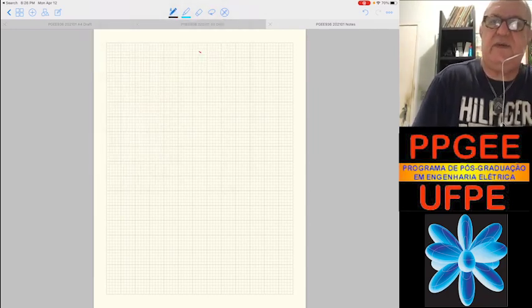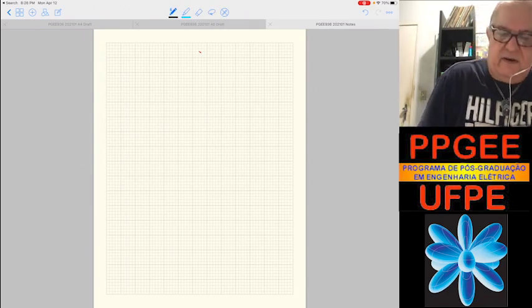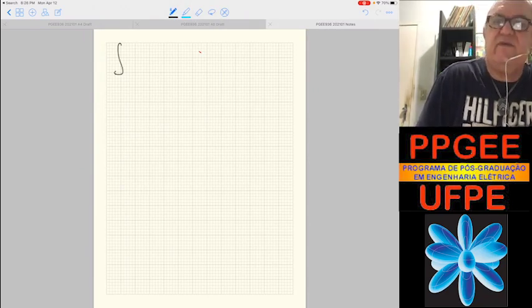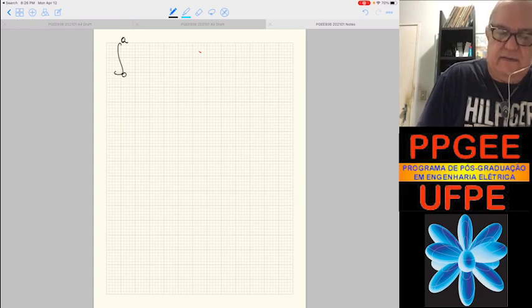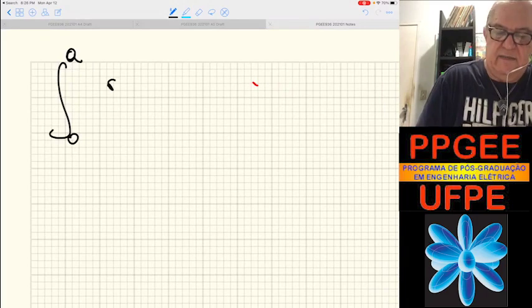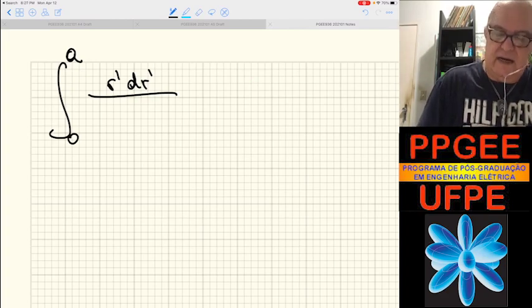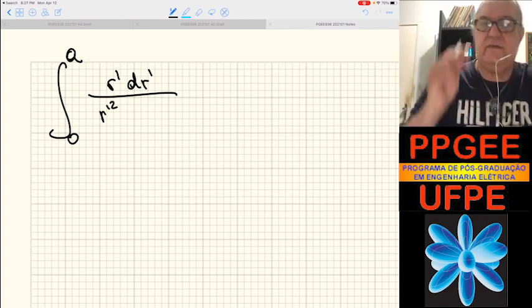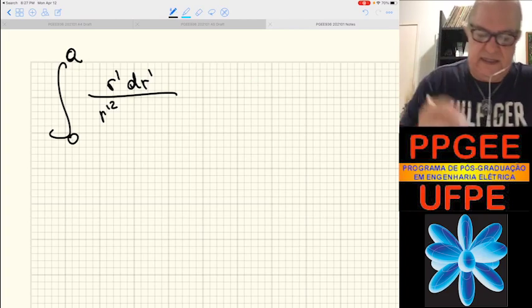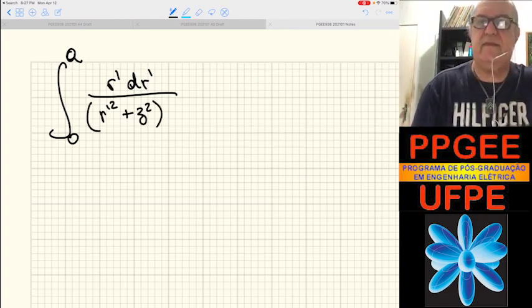So that's the calculation we have. Is integral from 0 to a, okay, on the surface of the disk, but there's only one integral we have to calculate. So it's r prime square plus z square, because z prime has already picked up at z prime equals 0.